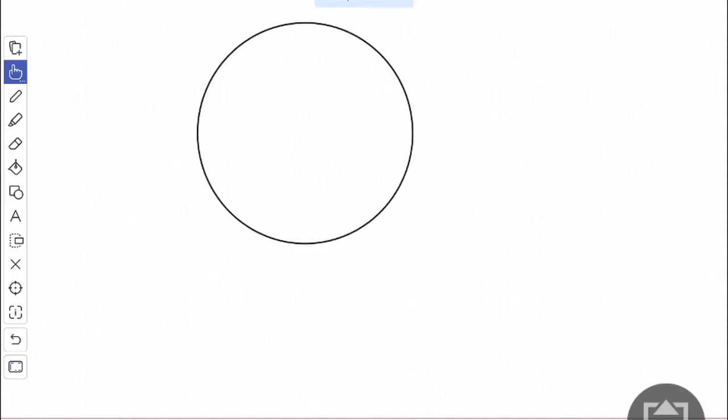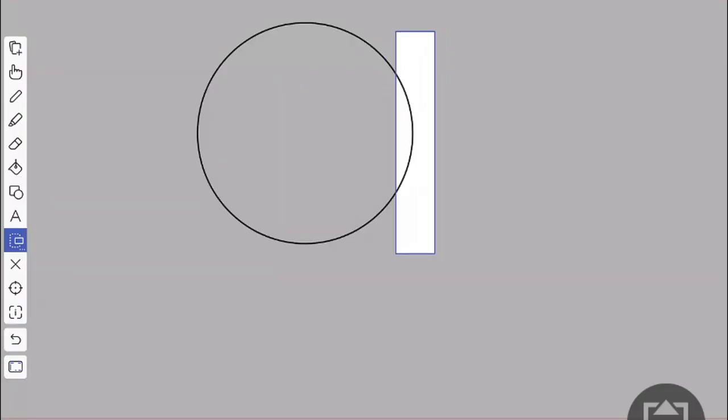Okay, I want to draw a sphere. Yeah, this one is a nice one. Okay, shape match. So this is a sphere. Now I'm going to take a portion of it.